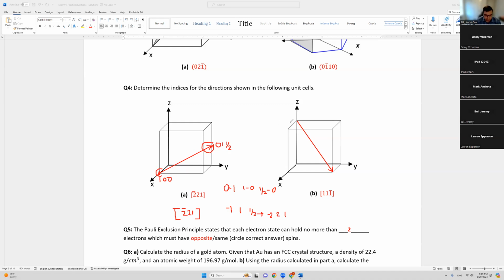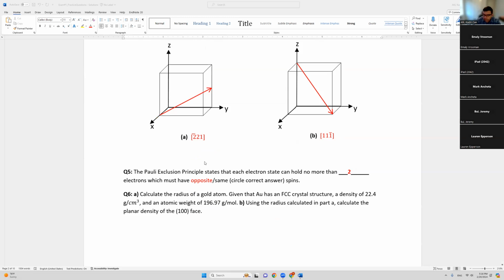So use the same method to find this direction vector. It's gonna be [1 1 1̄]. All right, let's move on. Any questions up to this point? You can write in the chat or speak up.